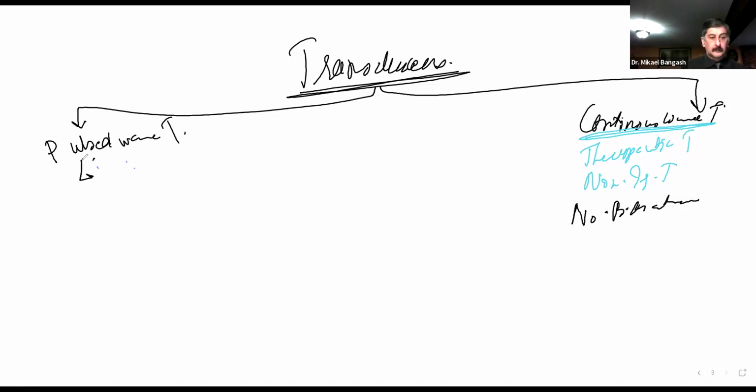The first transducer that we will have is what we'll call a mechanical transducer.